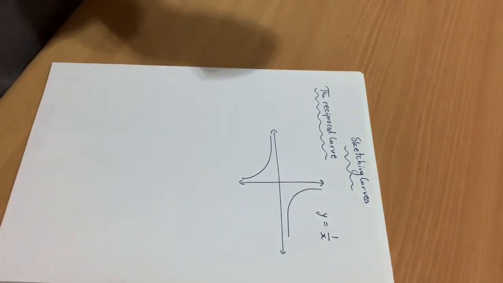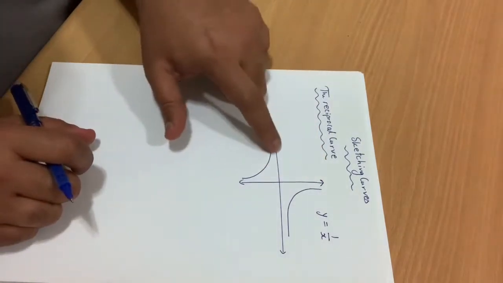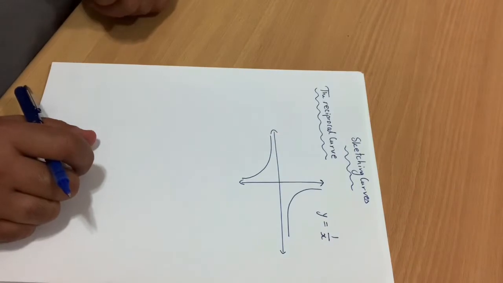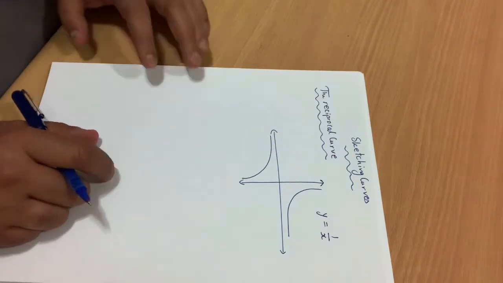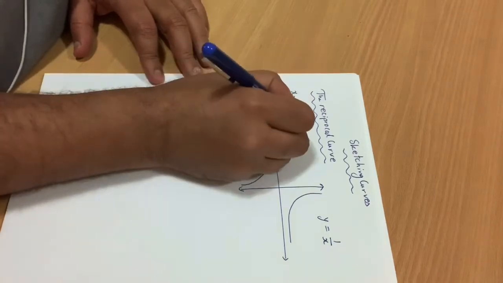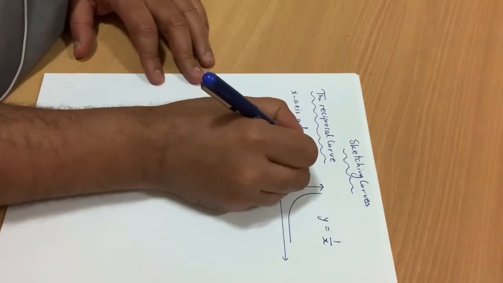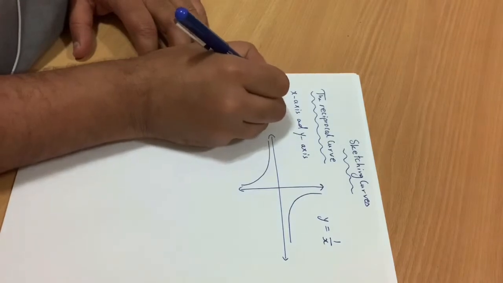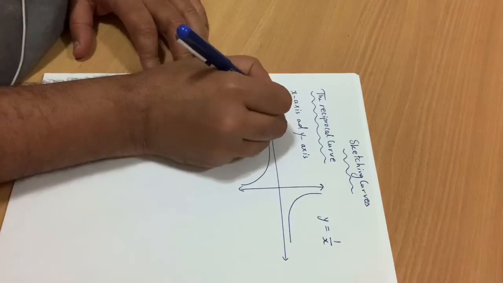As you see, we call the y-axis and the x-axis the asymptote lines for this curve. So the x-axis and y-axis are asymptotes.